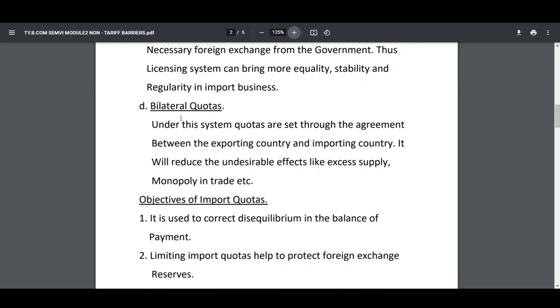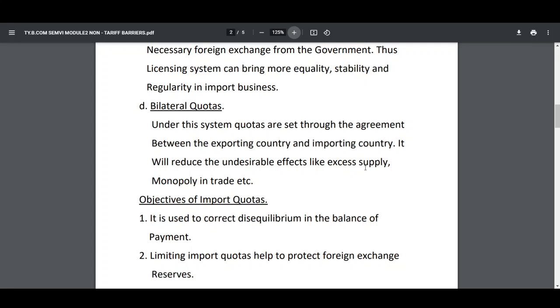Fourth one, bilateral quotas. Under this system, quotas are set through the agreement between the exporting country and importing country. It will reduce the undesirable or bad effects like excess supply. Excess supply means more supply than the demand.